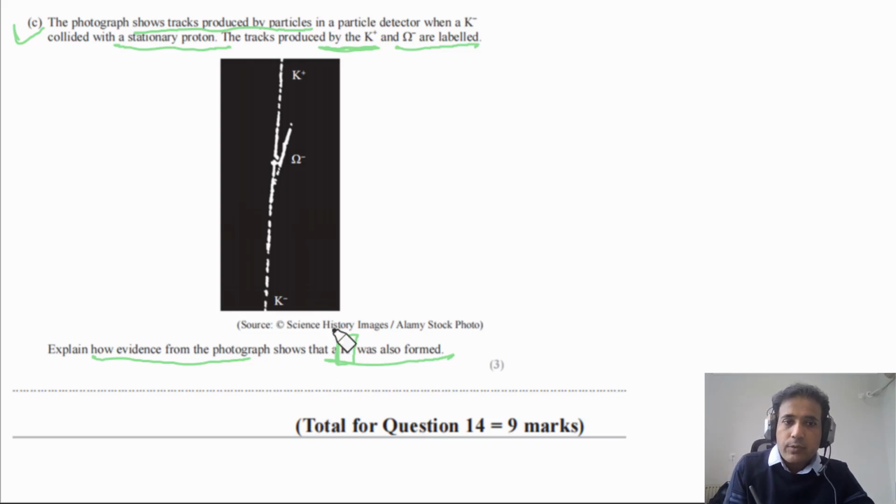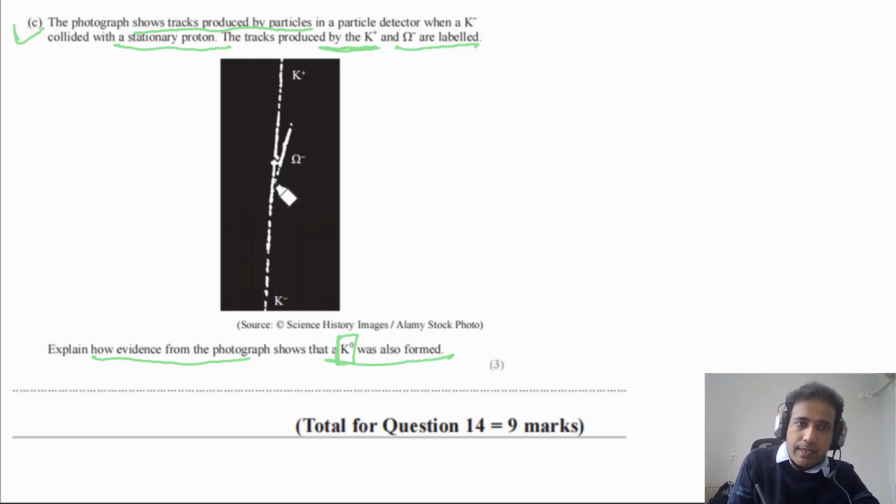Now we can understand this based on conservation of momentum. As this particle only has momentum in one direction, but these particles have momentum in two directions. It has a component along this track, and it also has momentum in this direction because it is bending.